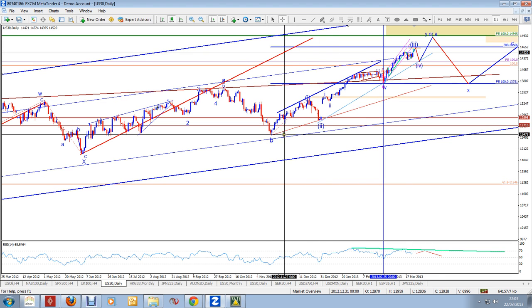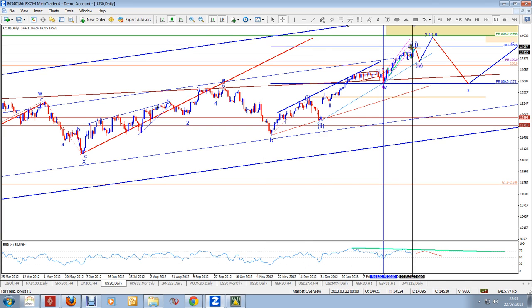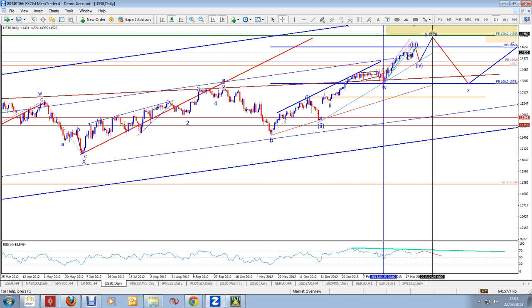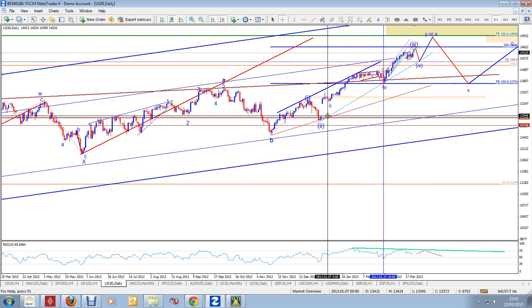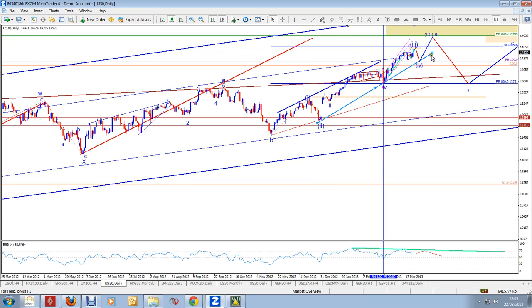So we've started from here, and we got wave 1, wave 2, wave 3, pull back to 4, and then final one 5. So while we remain above this, and I'm going to make that one a thicker line like that, as long as we remain above that, then we are still within that cycle degree which started over here.